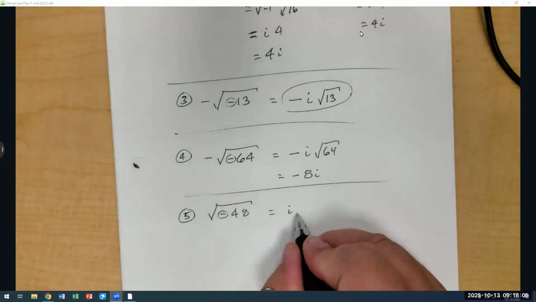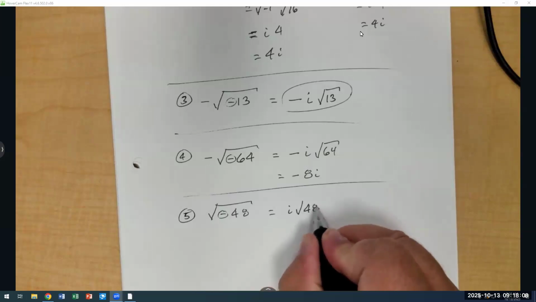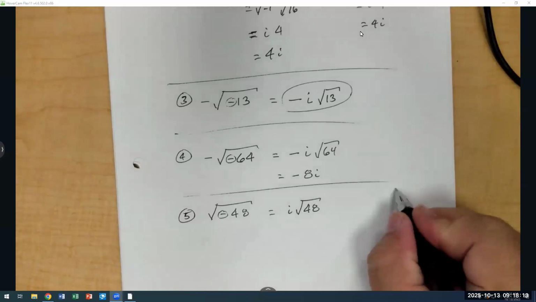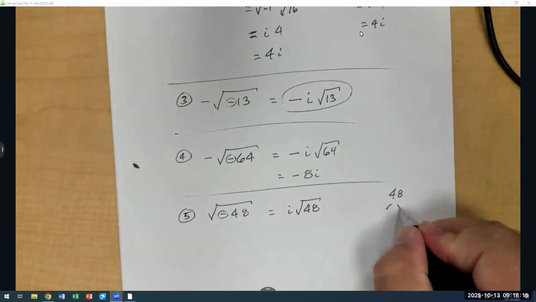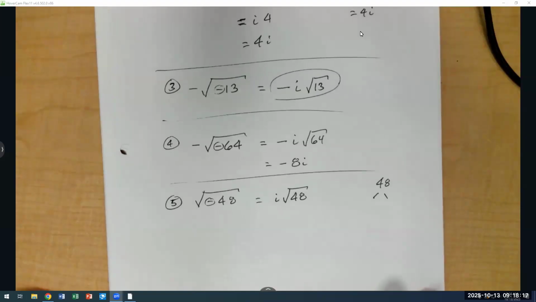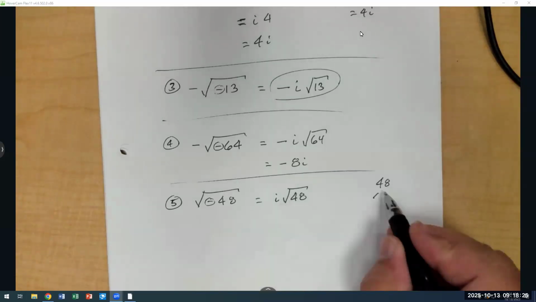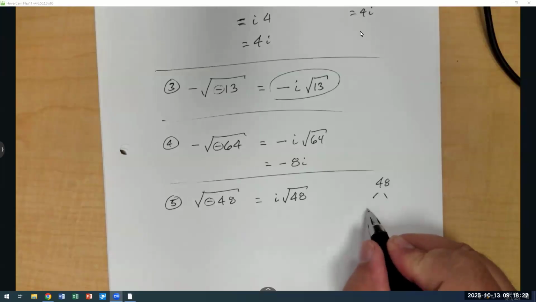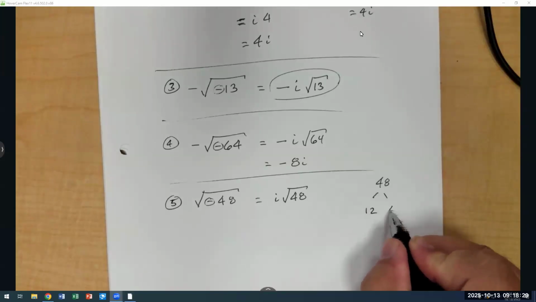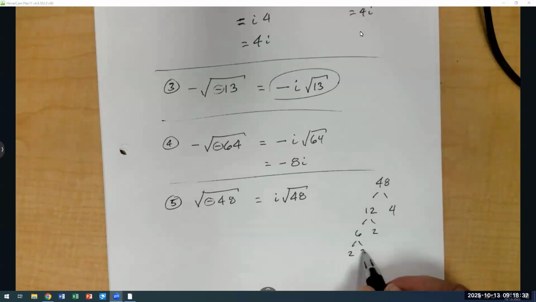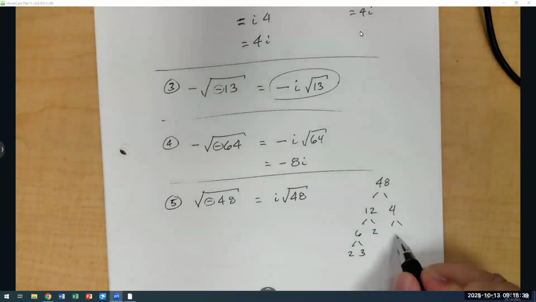It becomes an I. 7 times 7 is 49. So that's not it. So what we do is take 48 and break it down to its smallest pieces. Because how many of a kind do we need? We need 2 of a kind, because it's a square root. 48 is made up of what? 12 times 4. 12 is made up of? 6 times 2. 6 is made up of? 3 times 2. 4 is made up of? 2 times 2.